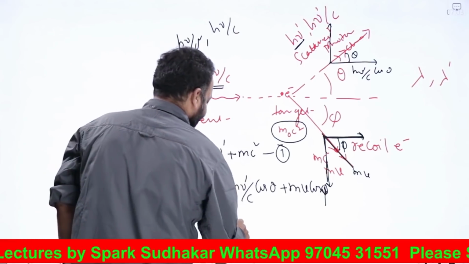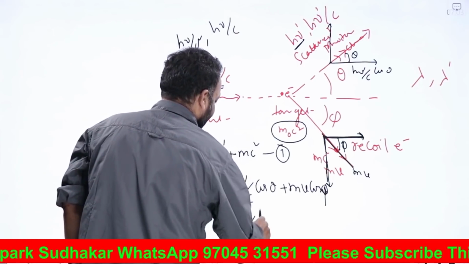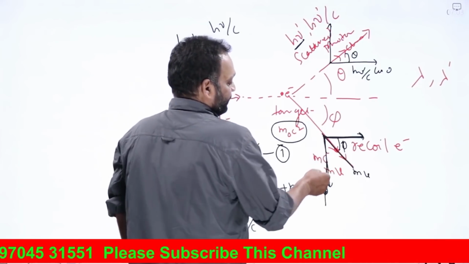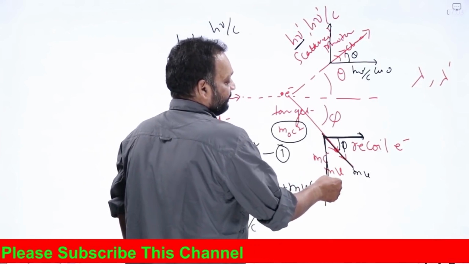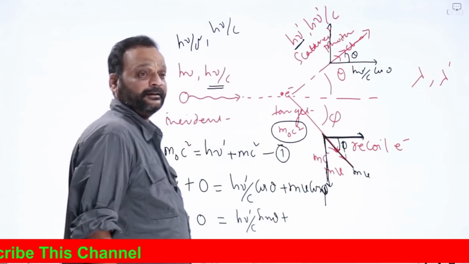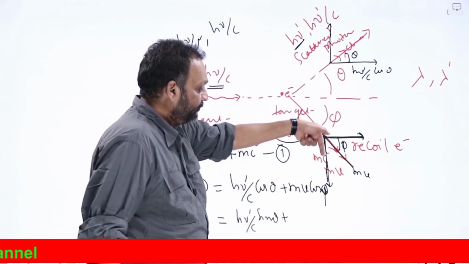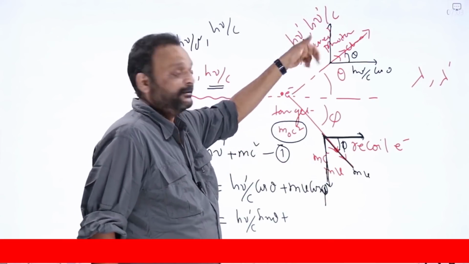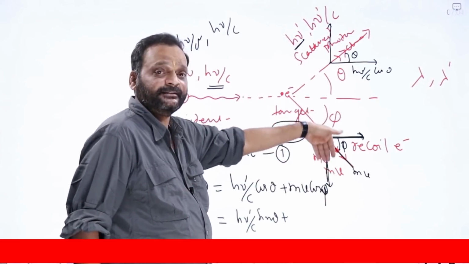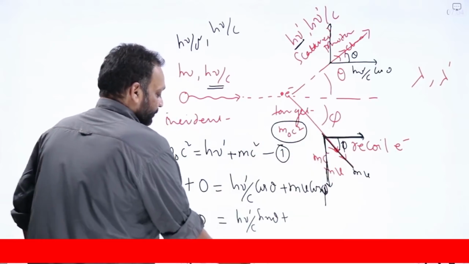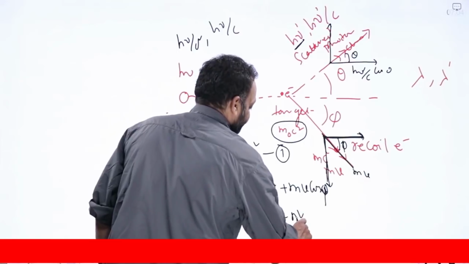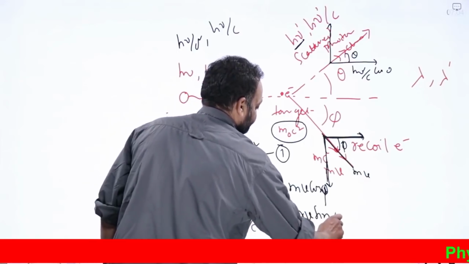Now what is the y component of the momentum of the electron? It is mv sin phi. But this downward y direction is the negative y axis. If I take upward as positive, then downward is negative, so I have to put a minus sign here: minus mv sin phi.